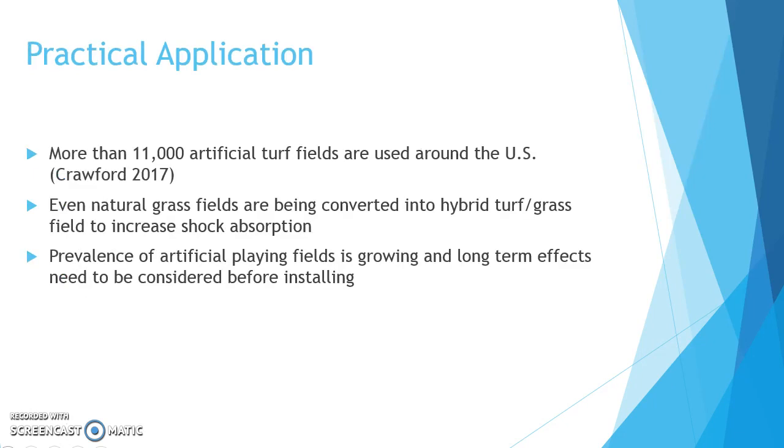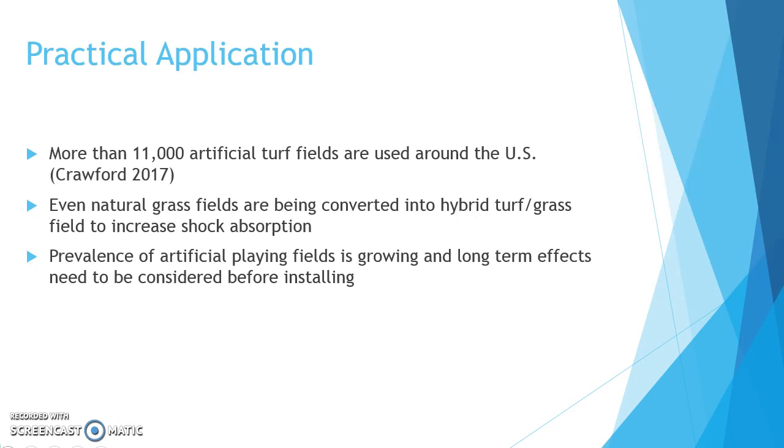The practical application: in the US there are more than 11,000 artificial turf fields, and that number is quickly climbing. As I said before, high schools, middle schools, and colleges are moving to these artificial fields because of their look, their effect on injuries, and their effect on the play of the game.